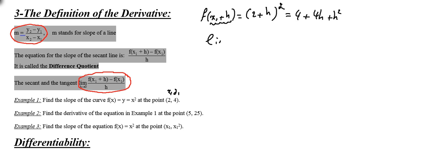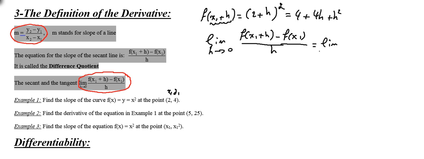The limit as h tends to 0 of f of x1 plus h minus f of x1 over h is equal to the limit as h tends to 0 of 4 plus 4h plus h squared minus f of x1.